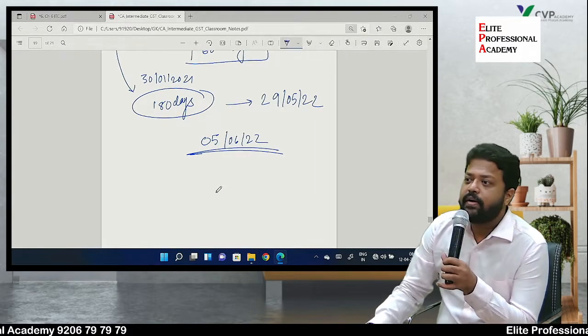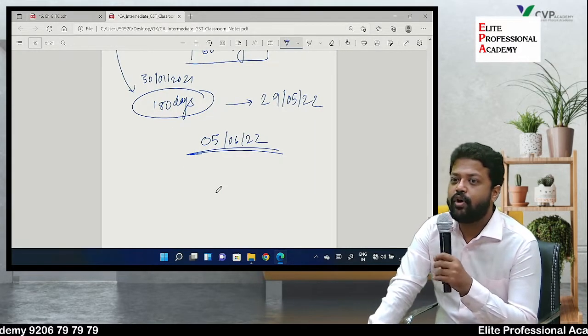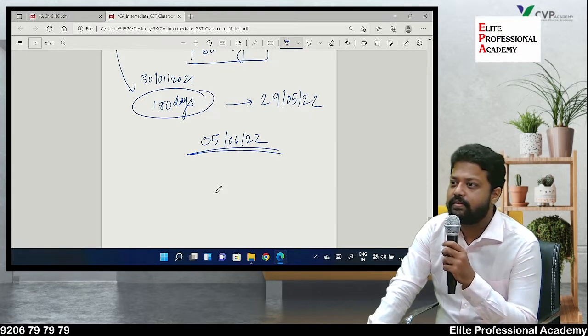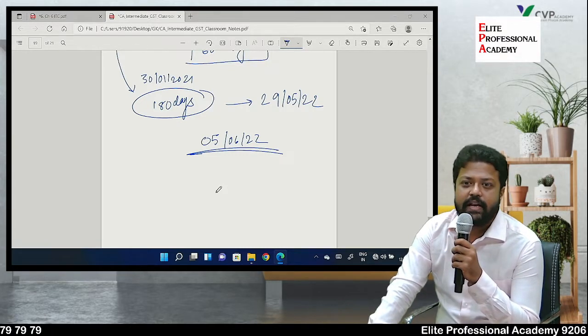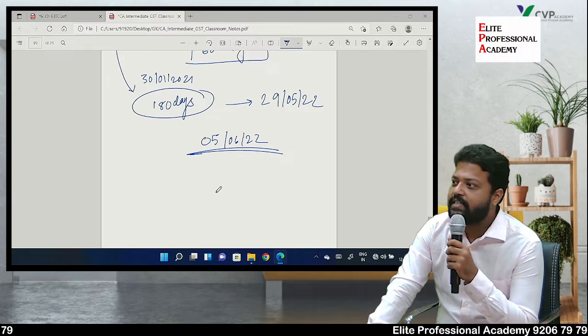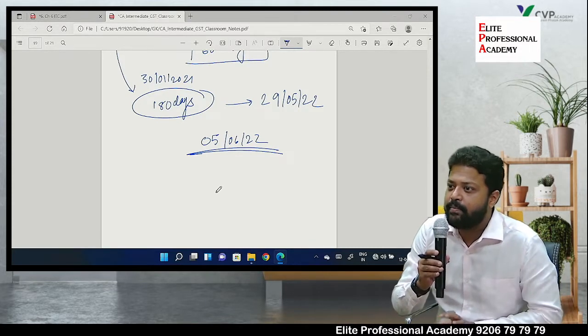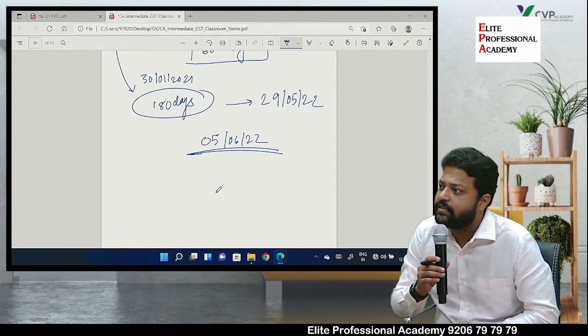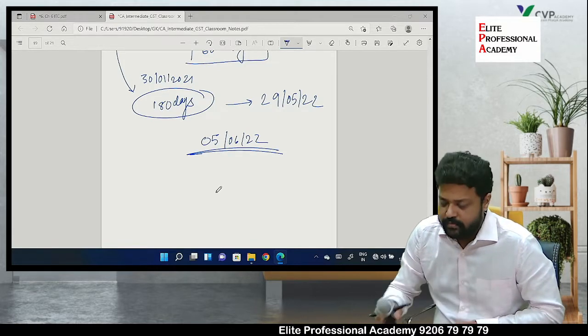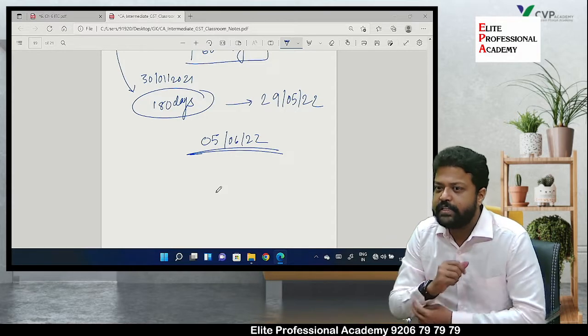Okay. Now, my question to you is that, do you remember our first lecture on input tax credit? In that lecture, I had explained the difference between availment and utilization. How many of you remember the difference between availment and utilization? Yes, what is that? ठीक से बताओ चलो.